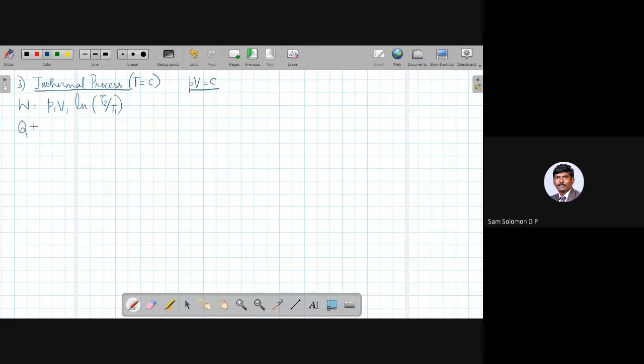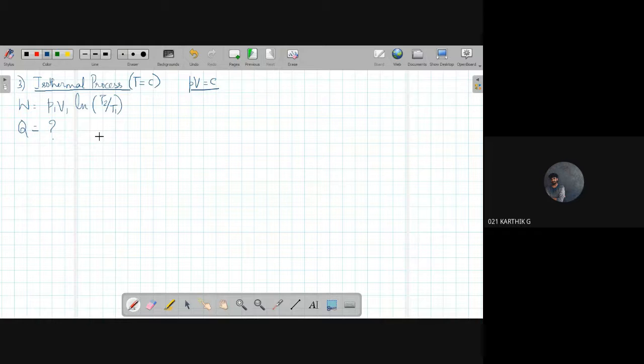Karthik, you are going to tell me what is the value of heat transfer for an isothermal process. For an isothermal process, temperature is constant. What is the heat transfer for an isothermal process? What value will you have?